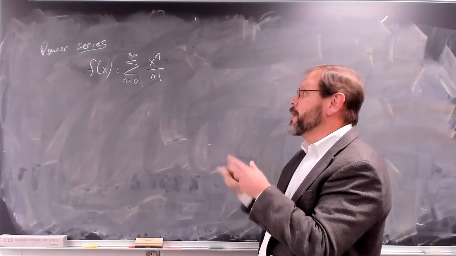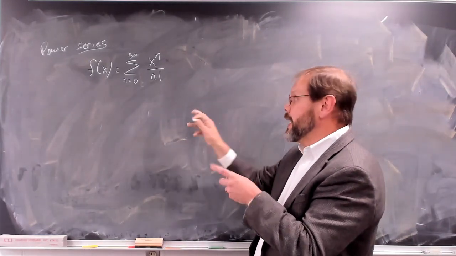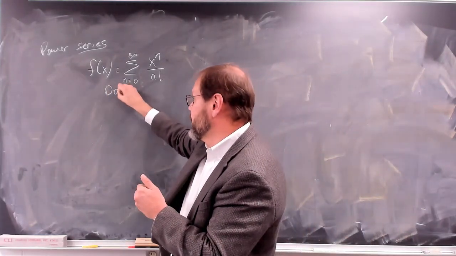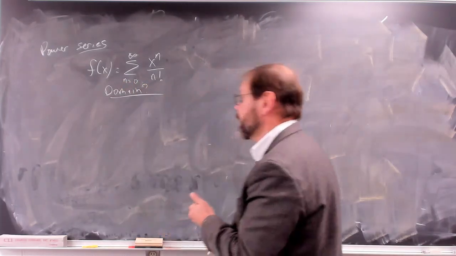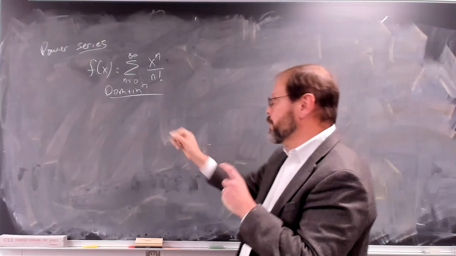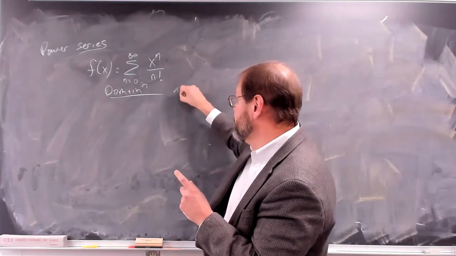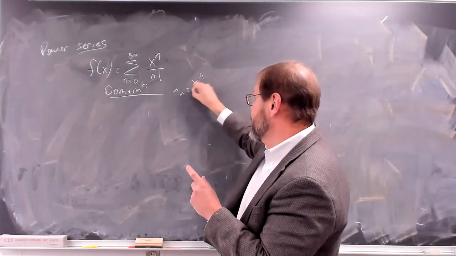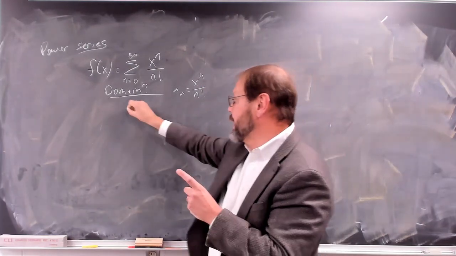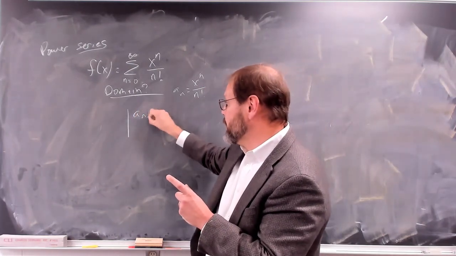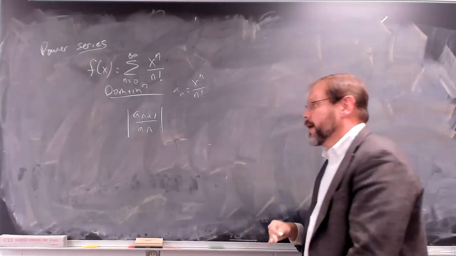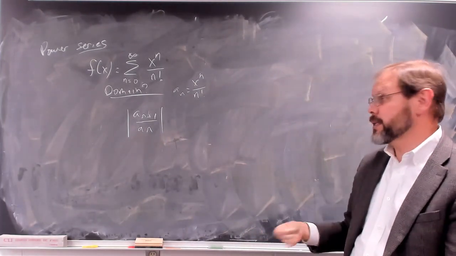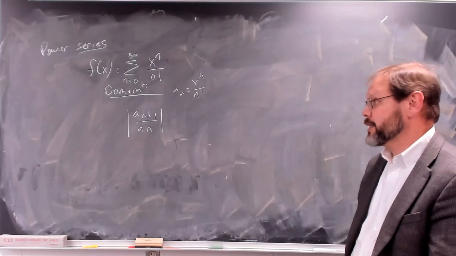So here's a function, and I want to know what the domain of this function is. And the way I'll answer the domain of this function is I'll look at those a sub n's, those x to the n over n factorials. And I'll look at a sub n plus 1 over a sub n, the ratio of those consecutive terms, because what I'm doing is comparing it to a geometric series.